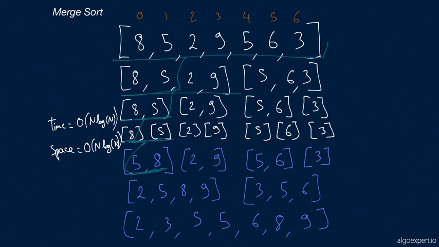And then you're going to go back up here, merge, create this, create this, create this, create this, and then go back up. And so you're discarding arrays. You're no longer dealing with some subarrays when you're moving back to different recursive calls. So one could argue that there's a bit less than n log n space taken up at once, at any given time.